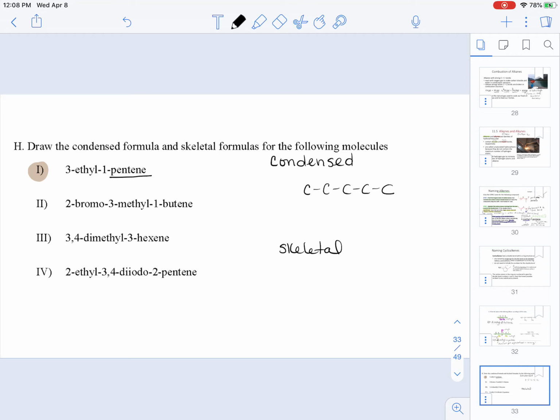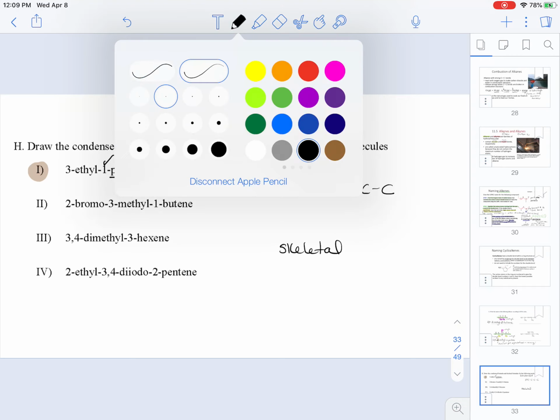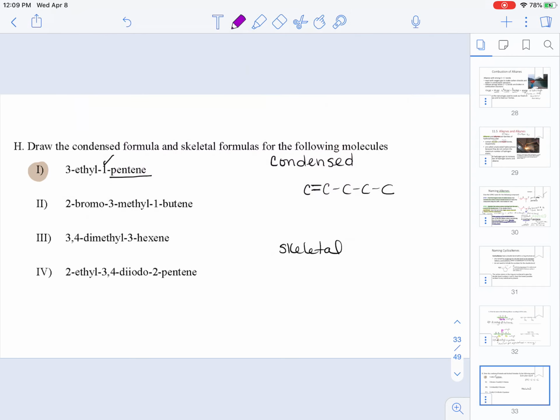Because I have the number 1, the carbon-carbon double bond is going to be between carbons 1 and 2. This molecule has 1 substituent on carbon 3. I am going to write the numbers on my longest carbon chain: 1, 2, 3, 4, 5.